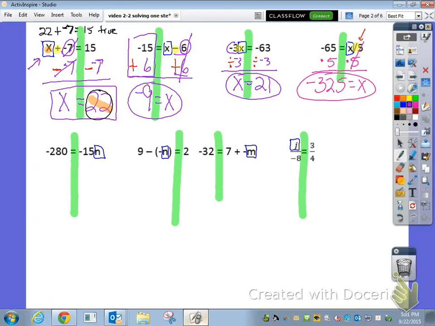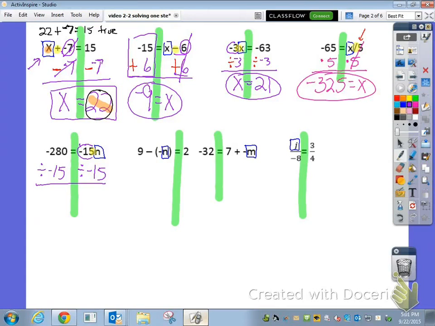So if I go through the steps on the next one, this operation is multiplication. The opposite of multiplying is to divide. So I'm going to divide. What is beside? It is a negative 15. So I divide by negative 15. I'm going to get rid of the number that is beside the variable because I want the variable by itself.